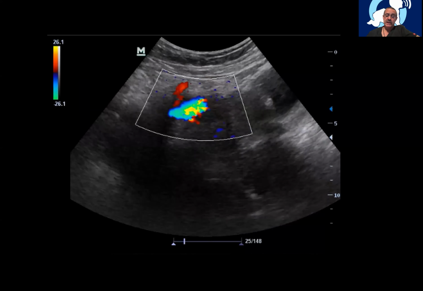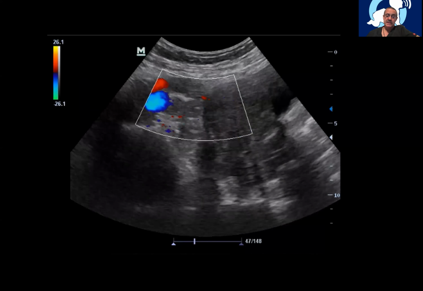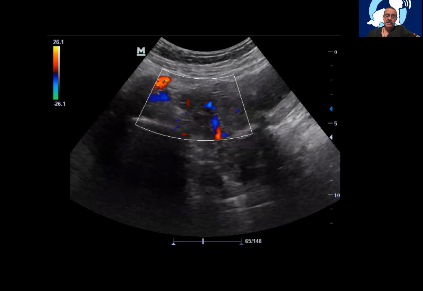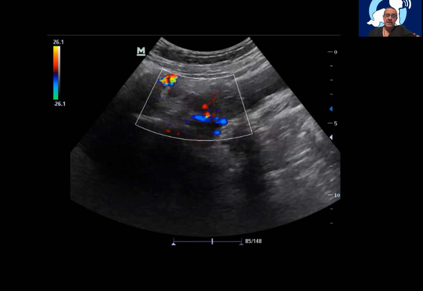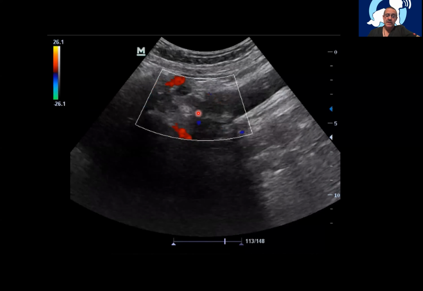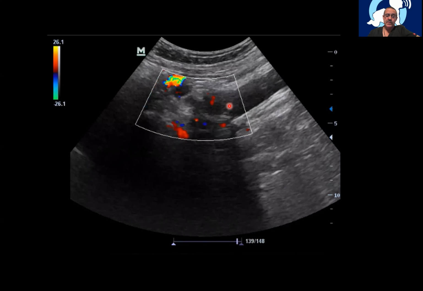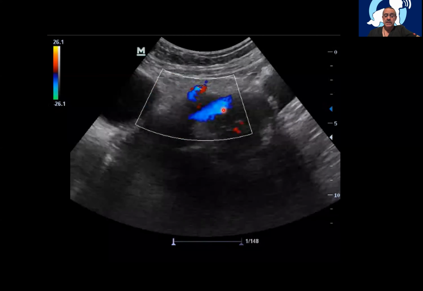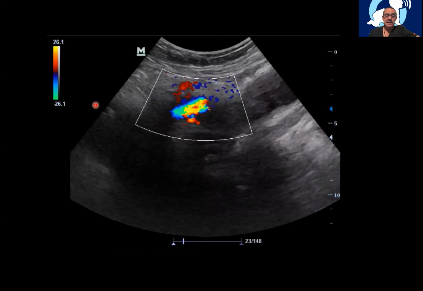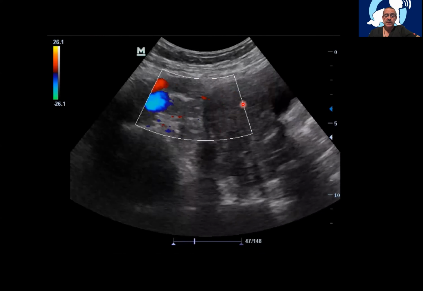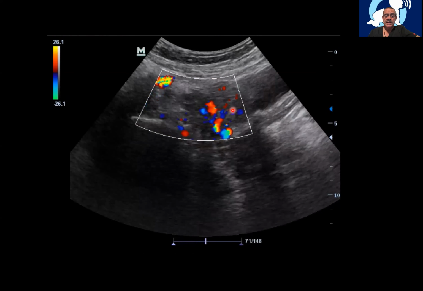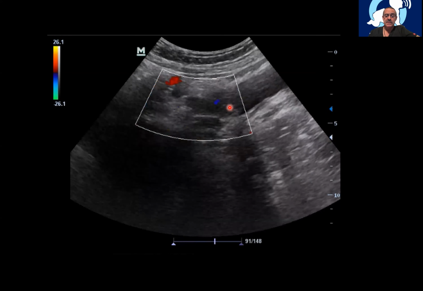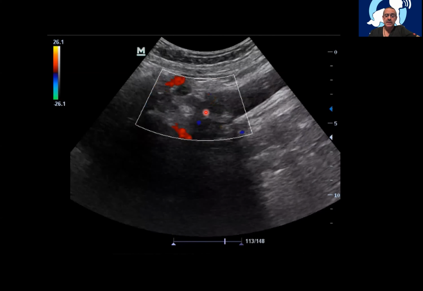Here we can look at the pelvic blood vessels, the uterus, and this is the ovary. What do you think about that? This is the ovary. Again, the cyst was here. Uterus moving to the right side, and by the side of the uterus, this thing.